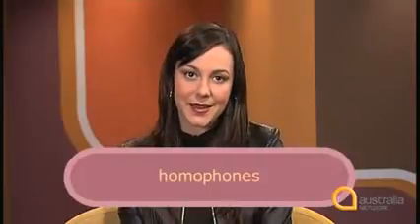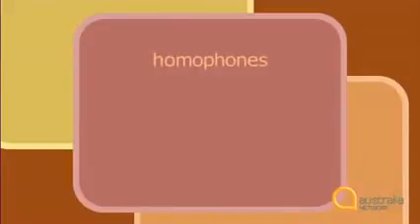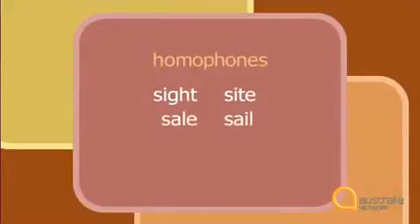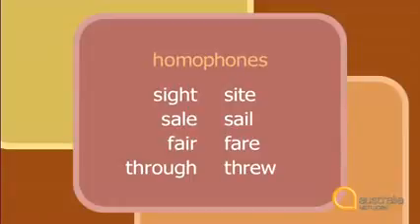There are two different types of homonyms. The ones we've looked at so far are called homophones because they sound the same even though they are spelt differently. Some other examples of homophones are sight and site, sail and sale, fair and fare, and through and threw.